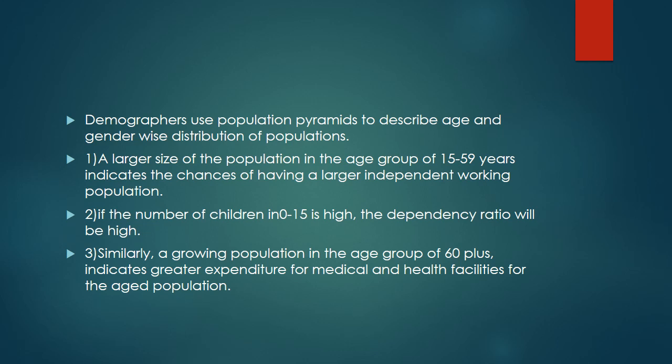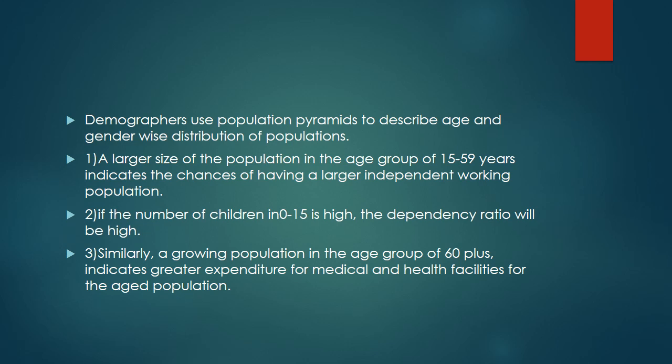A larger size of population in the age group of 15 to 59 years indicates the chances of having a larger independent working population. So if the middle proportion, the economically active proportion of 15 to 59, is more, then you can say that the working population is larger in that area.